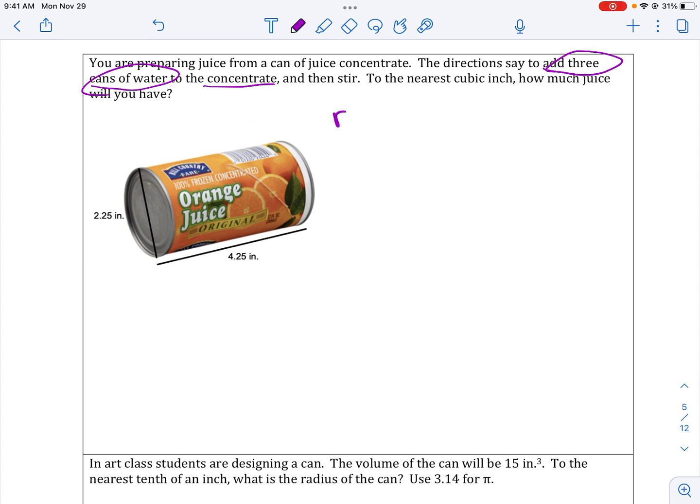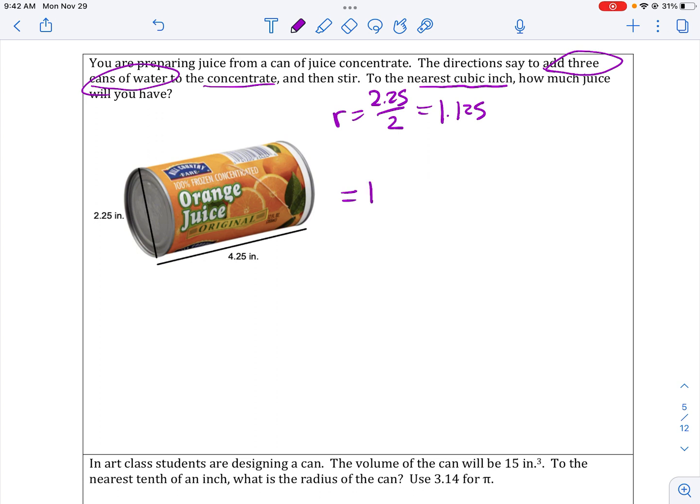First I have to find the radius, which is my diameter divided by 2, which gives me 1.125. So I'm going to solve in terms of pi, and then at the end, use 3.14 for pi because it says to the nearest cubic inch.